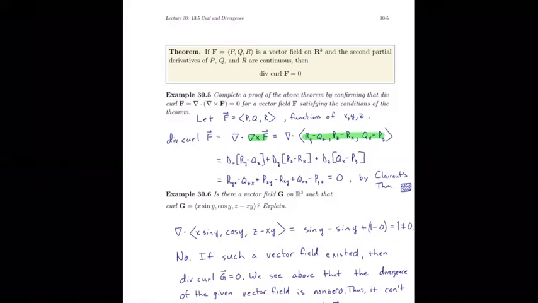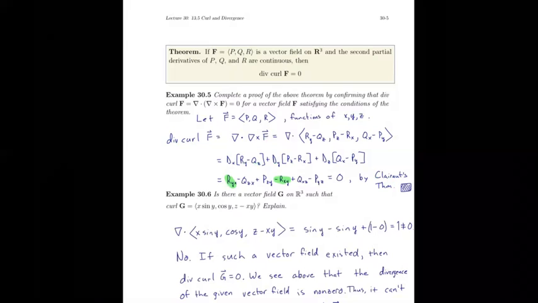Now we have del dotted with that vector, and that looks like this. Partial with respect to x of the first component, partial with respect to y of the second, and partial with respect to z of the third. And what we find now is we have mixed second partials, but since these second partials are continuous, Clairaut's theorem tells us that we can reorder them, and we'll see that R sub yx and negative R sub xy are equal to each other.